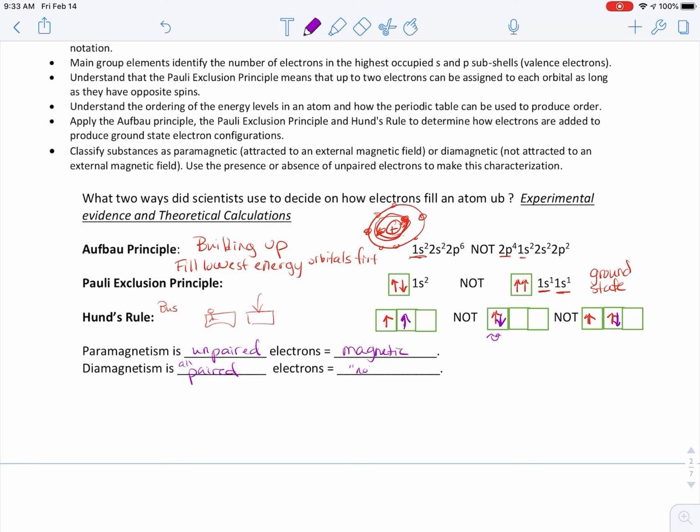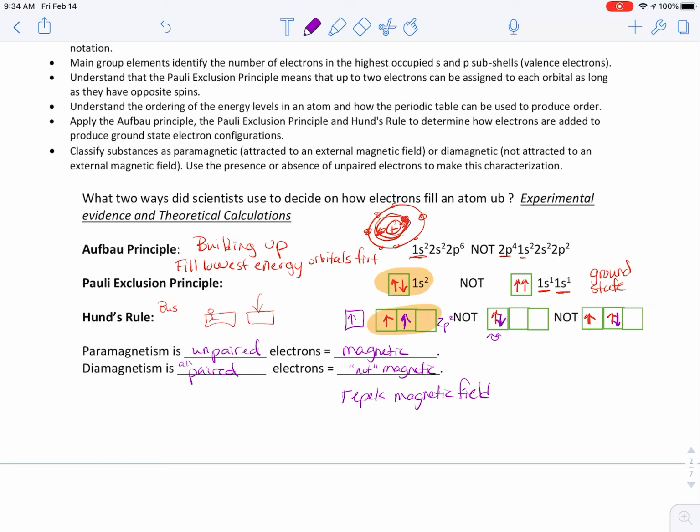So for Gen Chem, we would say not magnetic, but you could also say that it repels a magnetic field. And so if we're looking at these examples, if I wanted to compare this to this, because they both have 2 electrons, and this would be 2p2. So I'm looking at the end of these atoms. Let's say these are the only electrons that we're worrying about.